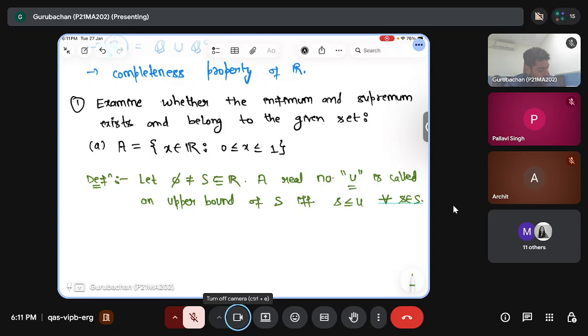While this is the first point, the second point tells us what the least upper bound, that is supremum, is.